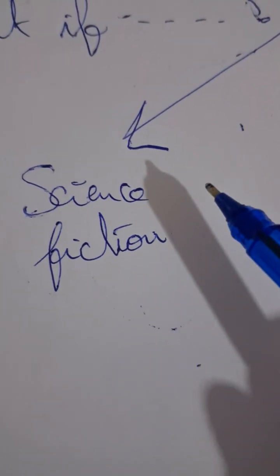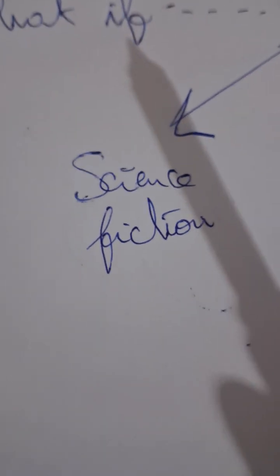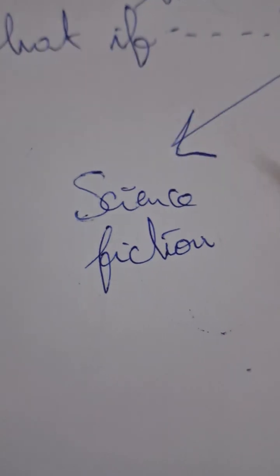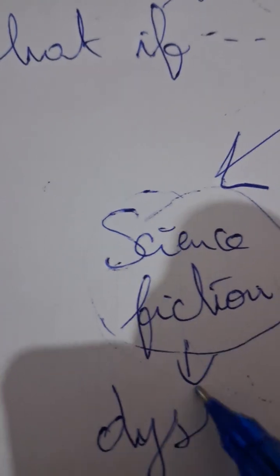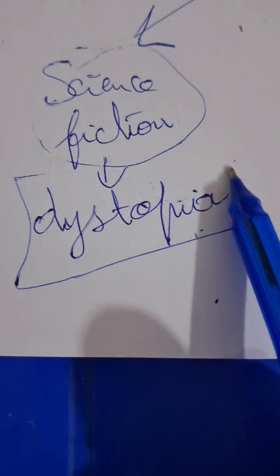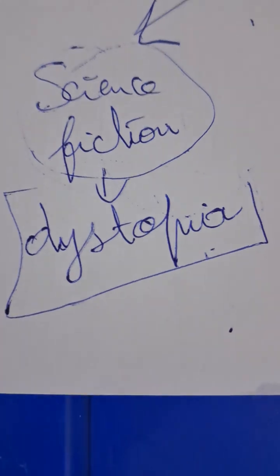Fantasy is more about the supernatural, wizards, سحر, supernatural powers, etc. Science fiction, on the other hand, and which is our focus, is about the high or advanced technology. Under science fiction we also find something called dystopia. And this is what we are going to talk about today, dystopia.